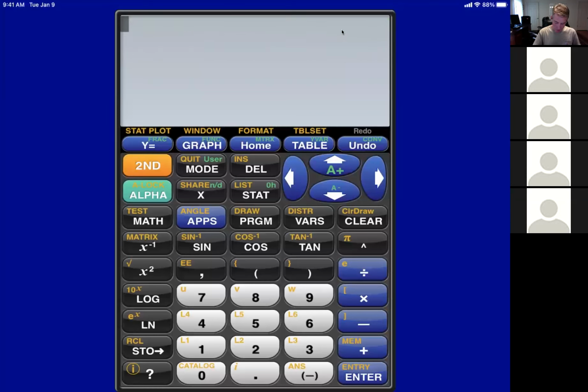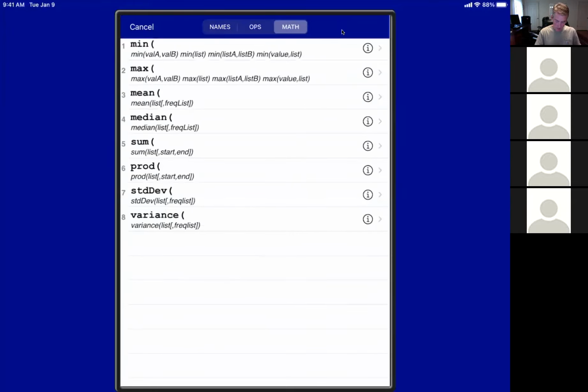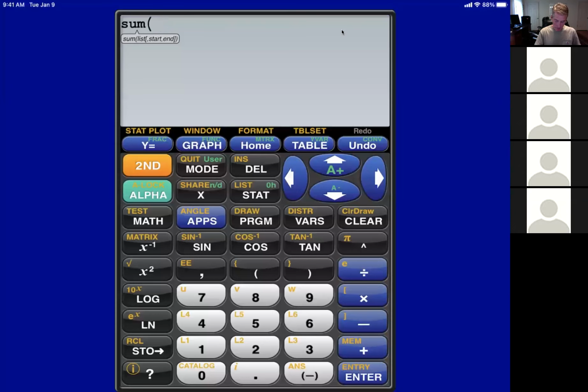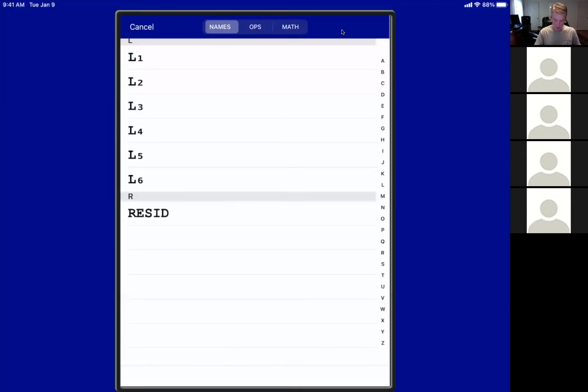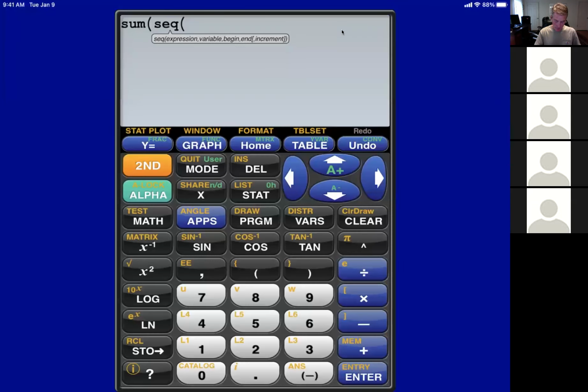But in case you haven't done this very much, let's just go through the steps again. So you go second list, then go over to math, and number 5 is the sum. Then go second list, go to ops for operations, and number 5 is the sequence.